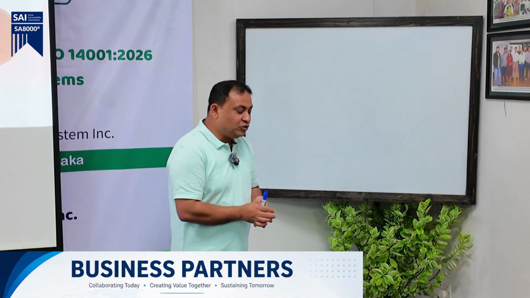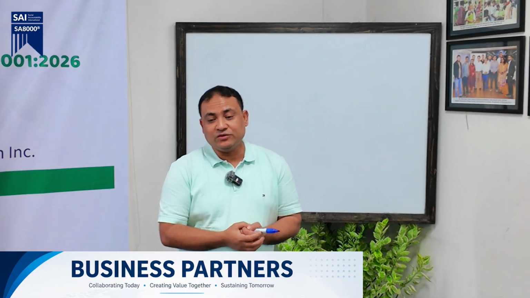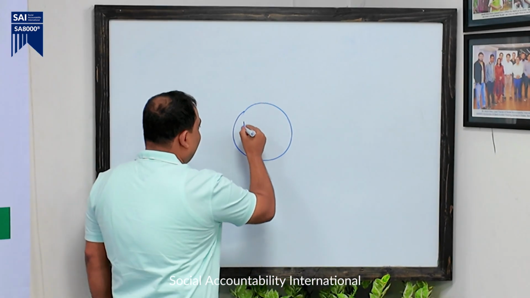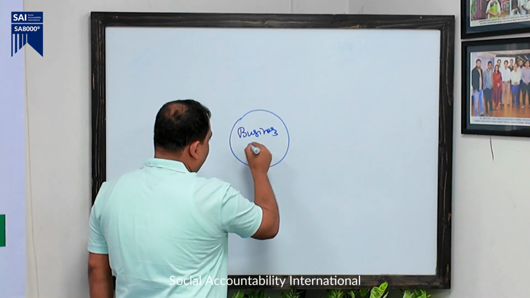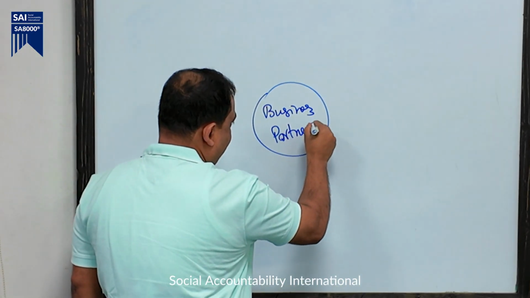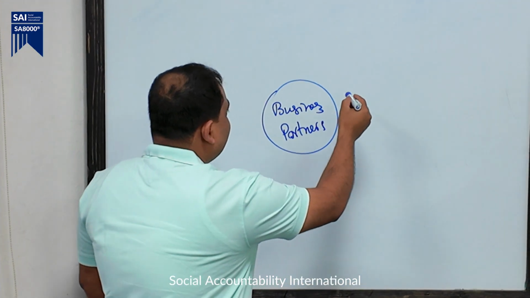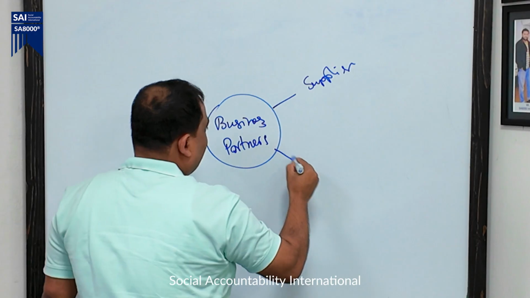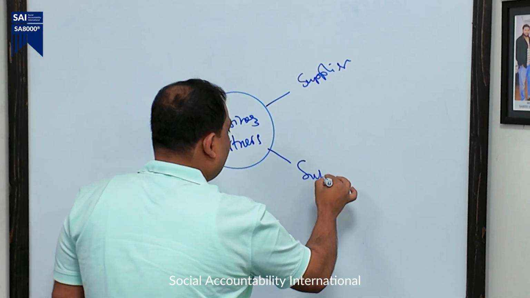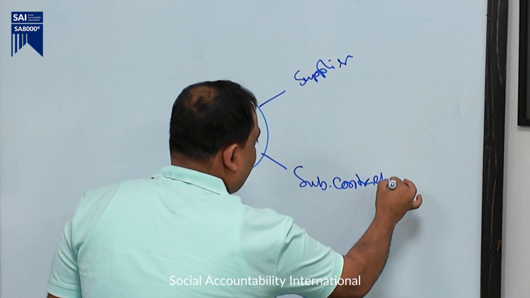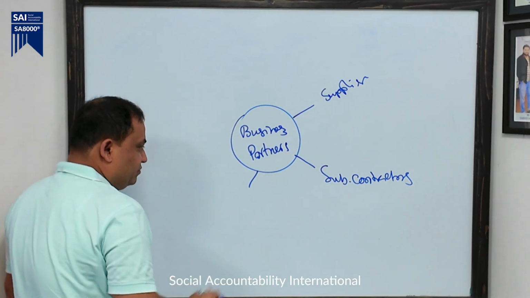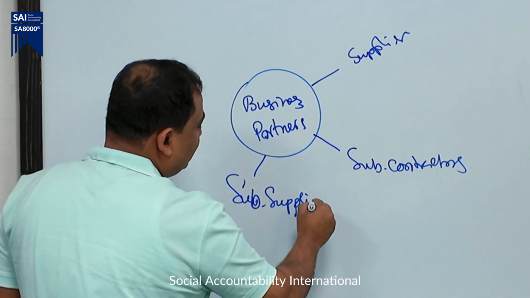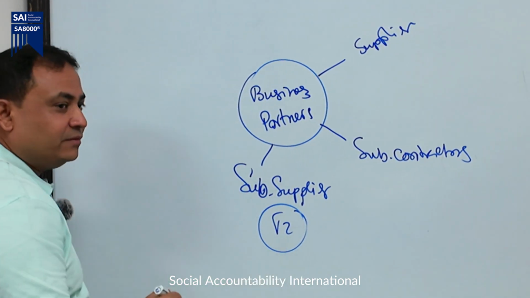Before we go into how to manage a business partner in terms of the SA8000 requirement, who are the business partners? They can be my supplier, my subcontractor, a sub-supplier, like a supplier of my supplier, maybe a tier 2 supplier for me.